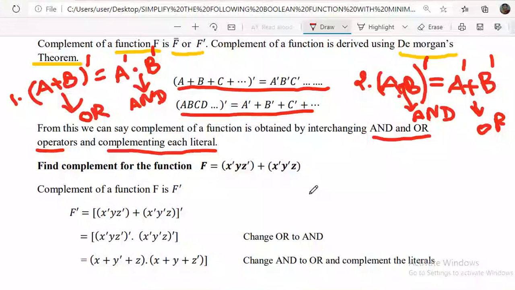Next we'll go for problems. For your first question, find the complement for the function.